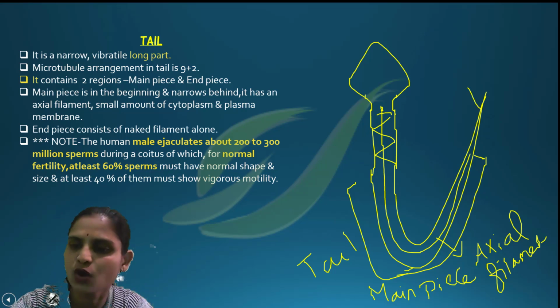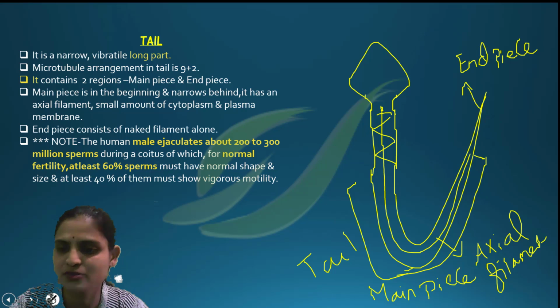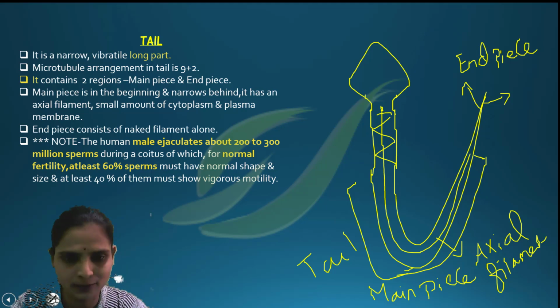This part is called the end piece, where the cytoplasm and the plasma membrane are absent. So here it consists of only the axial filament.